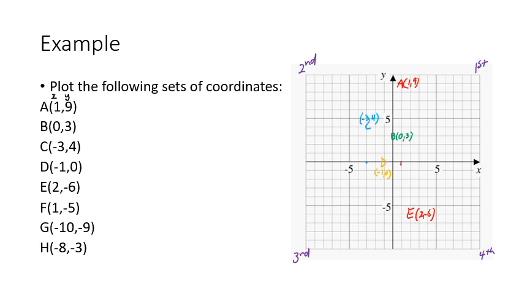F, I'll use blue again, is 1, minus 5, which means it's going to be there. F is 1, minus 5. G, I might use purple for G, is minus 10, minus 9. Minus 10's all the way over here, and minus 9, which means G would be down here.